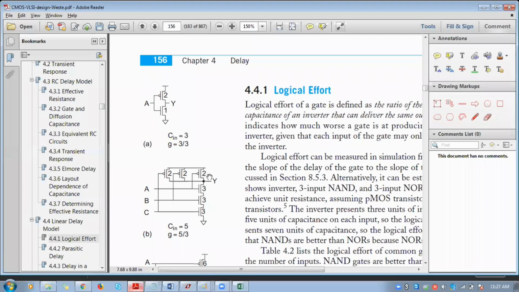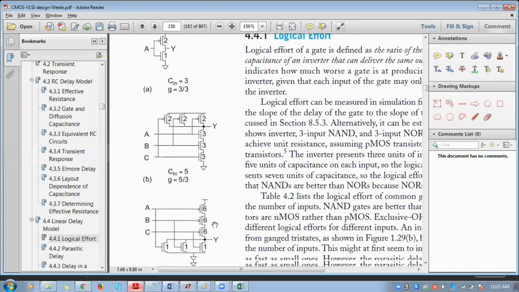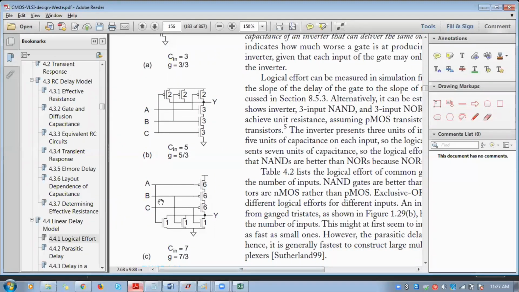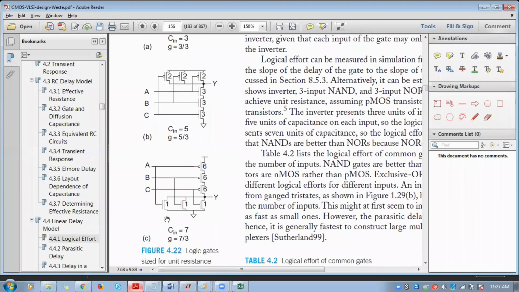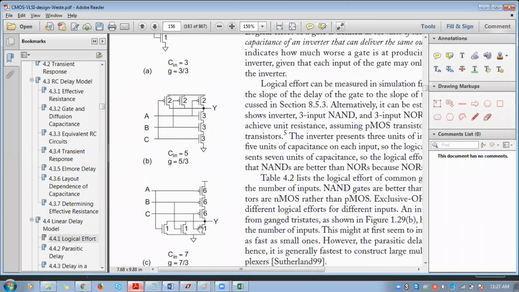Here it is 2C, here it is 3C, so the input capacitance will be 5C. That is what they have mentioned. Divided by the input capacitance of the unit inverter, that is 5 by 3. Likewise for the CMOS NOR gate, 1 plus 6, that is 7, so 7 by 3.